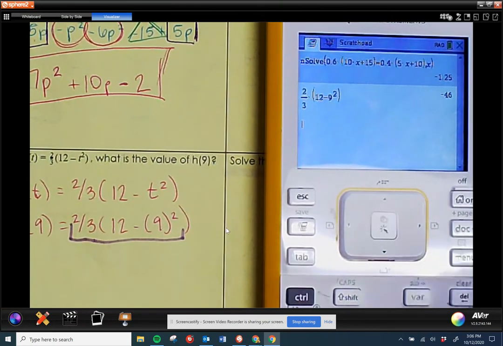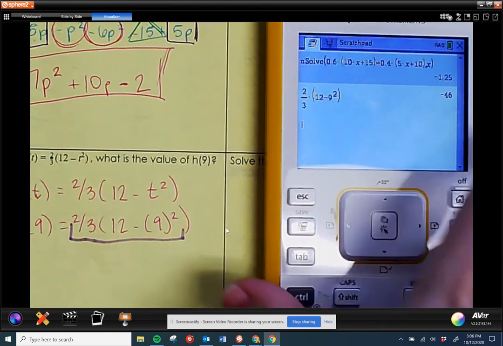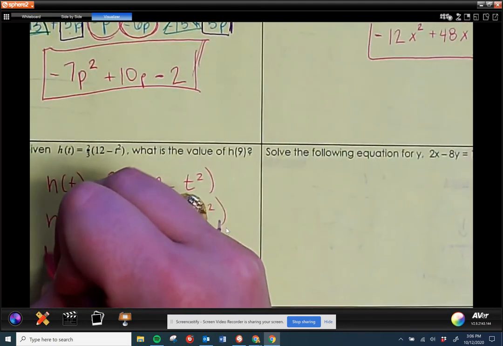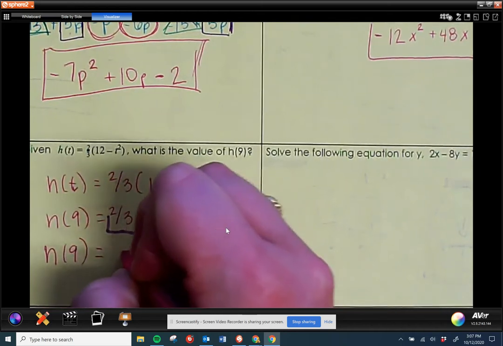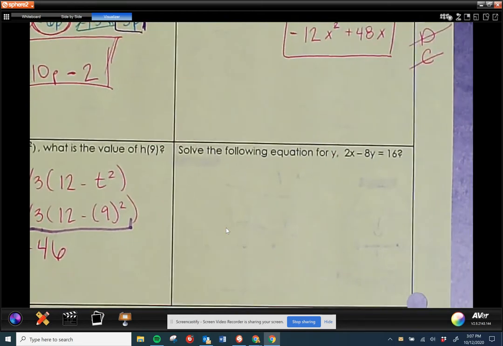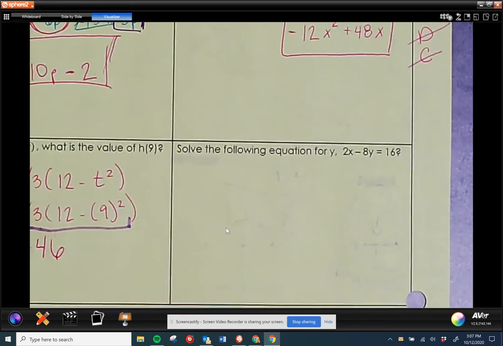And we get negative 46, and that is our answer. h of 9 equals negative 46.